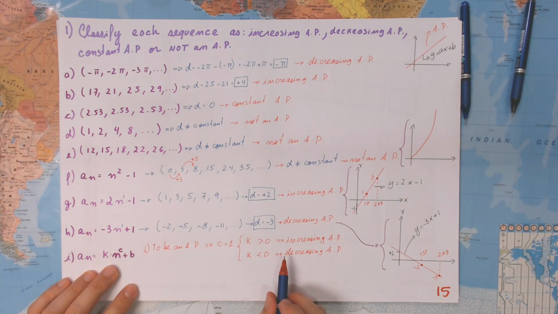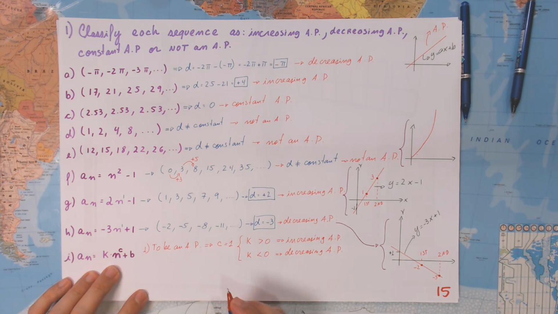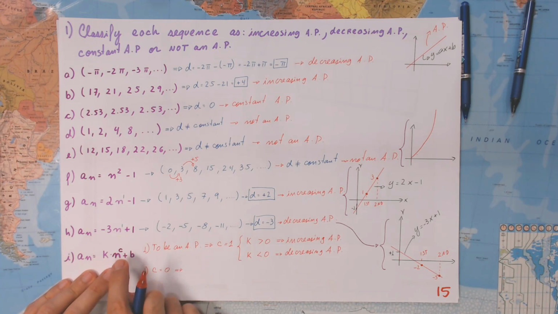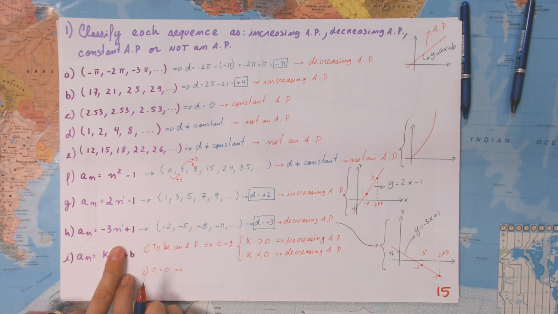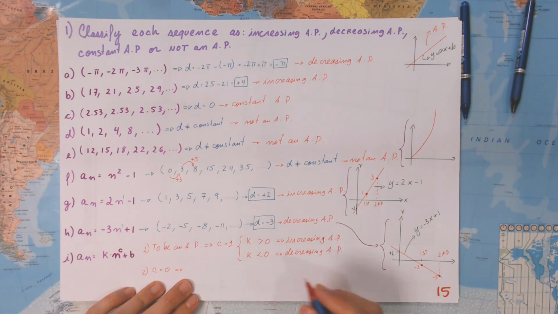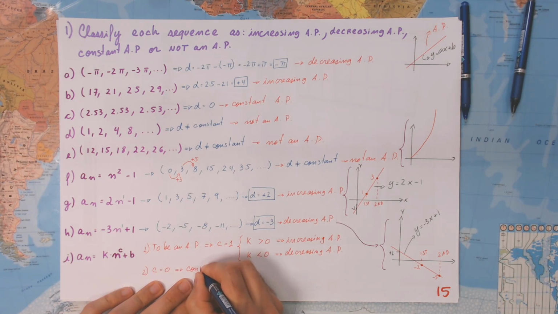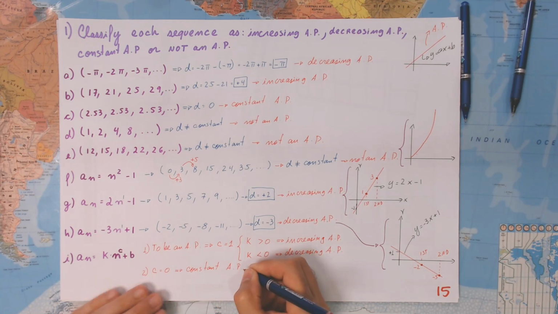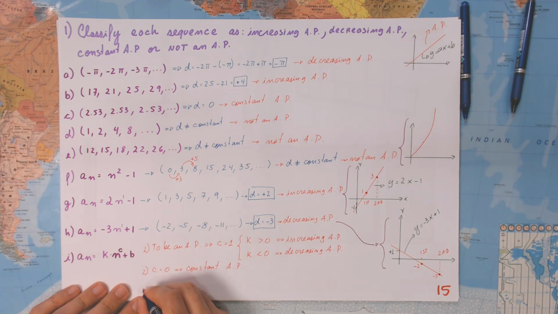Okay, and the second, what happens if c equals 0? Well, in this case this is going to be just 1. Okay, and we're going to have a constant. Whatever is k and b, both are going to be a constant. Then we're going to have a constant arithmetic progression.